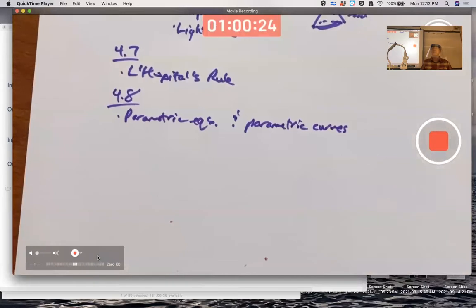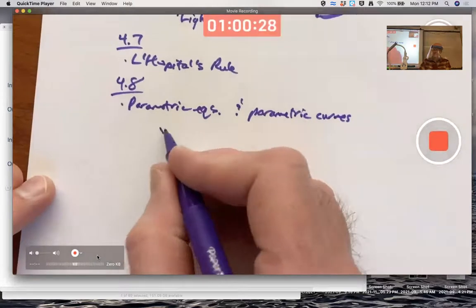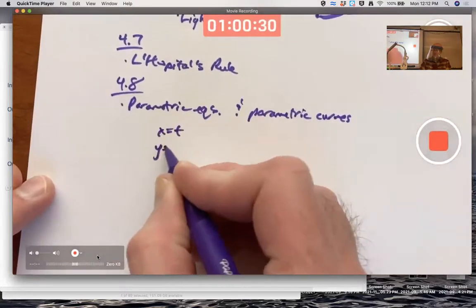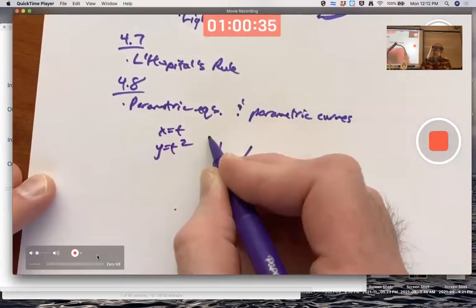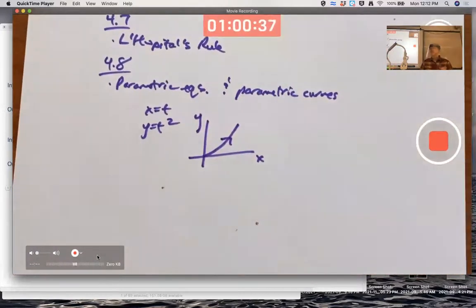If you watch the video, where it was x equals t, y equals t squared, and the curve looked like this. And we were trying to find the distance traveled. And we had Mathematica do it because the antiderivative was kind of complicated, involving arcsinh.